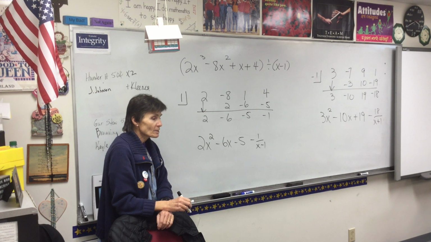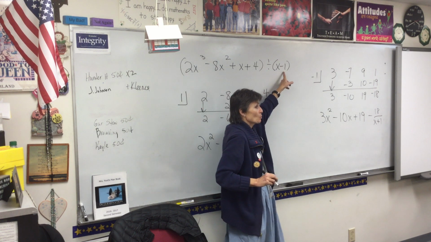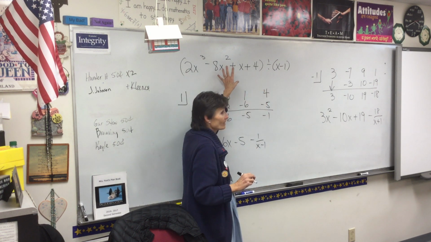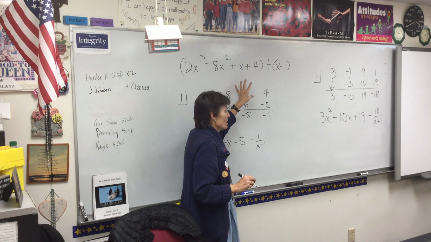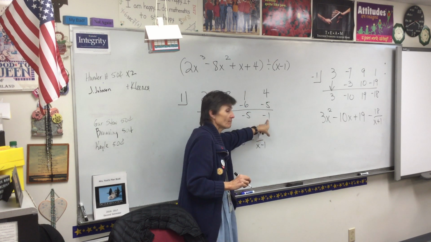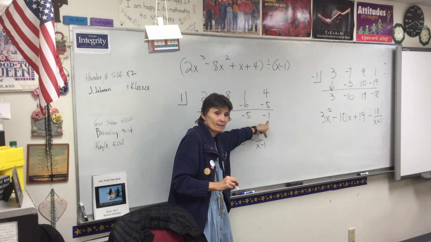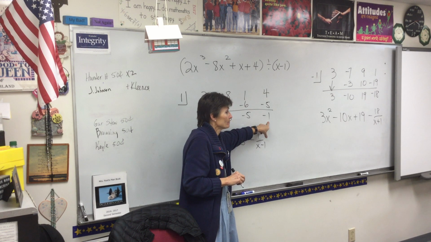And if the question were, is x minus 1 a factor of this, you would say no. Because the only way you can be a factor is if this works out to be 0. That's when you're a factor.